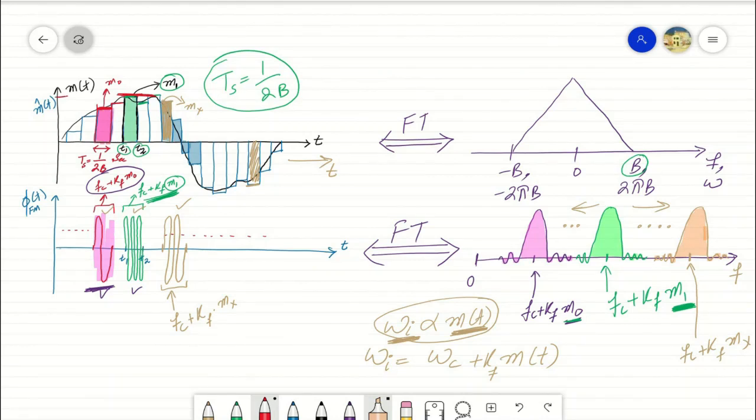For example, if the positive peak of the information signal is MP and the negative peak amplitude is also MP, that is minus MP, then for the time instances where the peak amplitude of the information signal is observed, we will observe the maximum deviation in the frequency, and the highest and lowest frequencies will be generated in the modulated signal for the case of positive and negative peak amplitudes respectively.